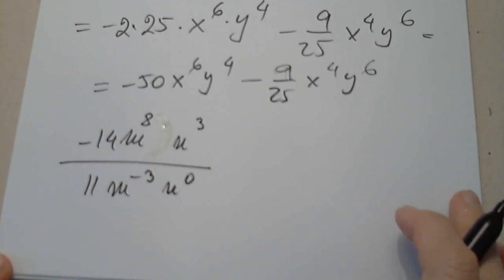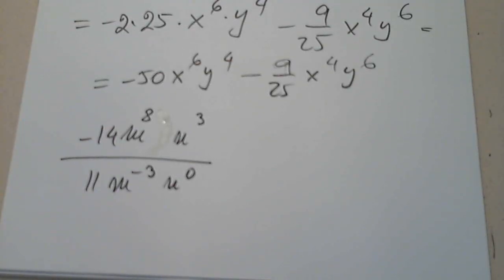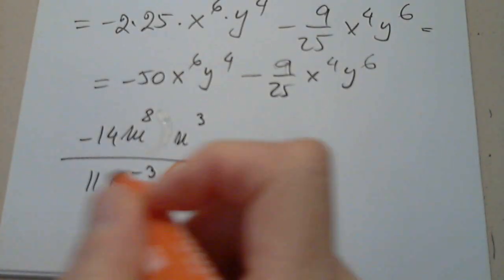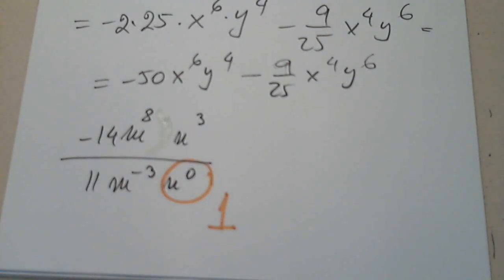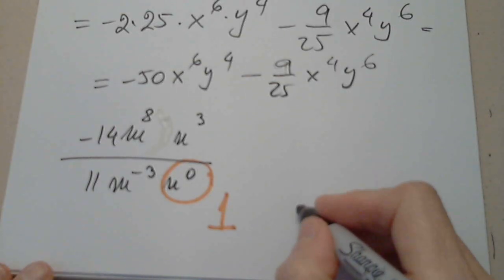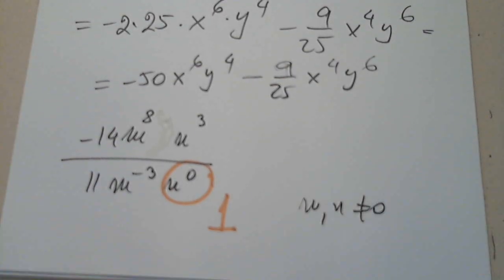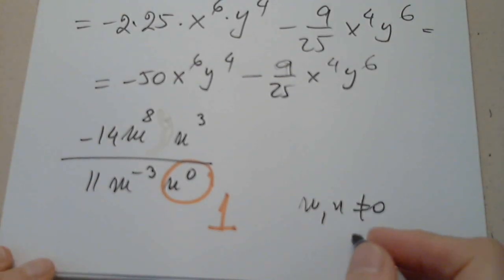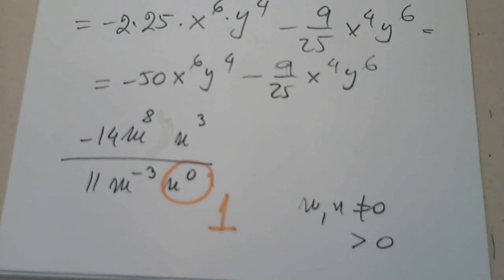Good. So with n to the 0, we have nothing to say. We did this problem in class. So this is 1. I have nothing to say about that, assuming that m and n are not 0. They should tell us either not 0 or strictly greater than 0.